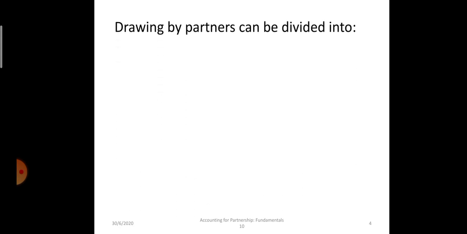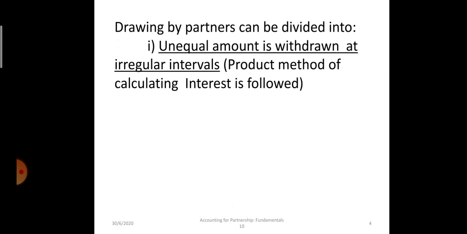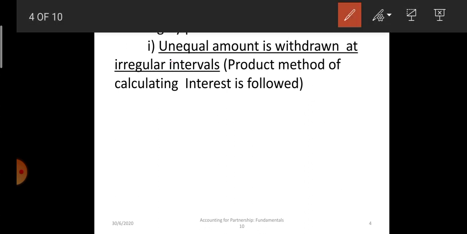Now partners may withdraw for their personal use in different manners, different amounts at different time intervals, or equal amounts at regular intervals. If an unequal amount is withdrawn at irregular intervals, then we will use the product method or simple interest method.